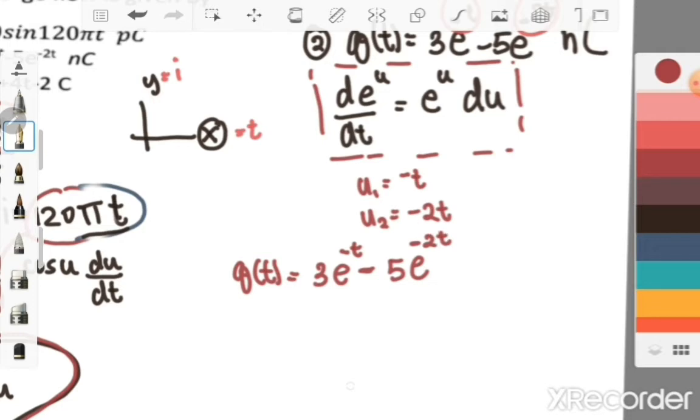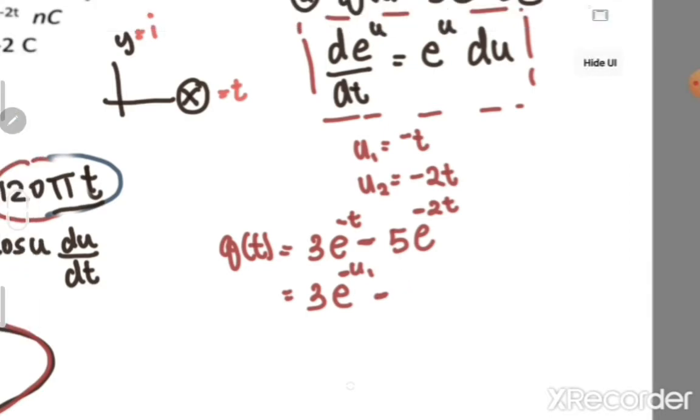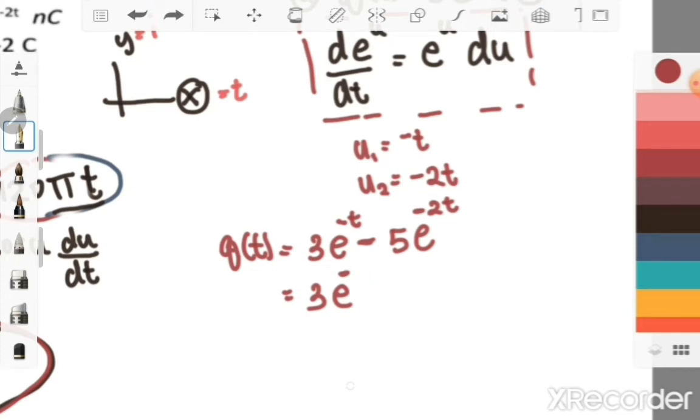But a while ago, I represented that your negative t is equal to your u1. So 3e raised to u1 minus 5e raised to u2. Okay.